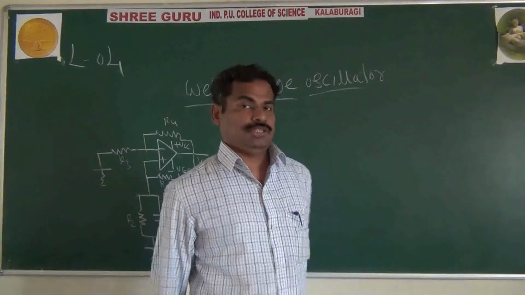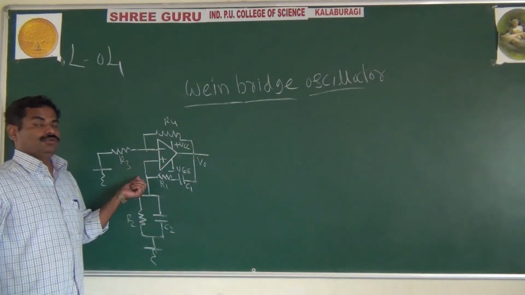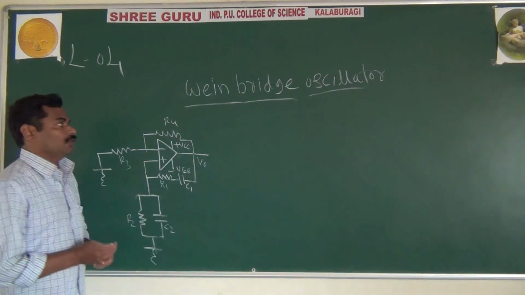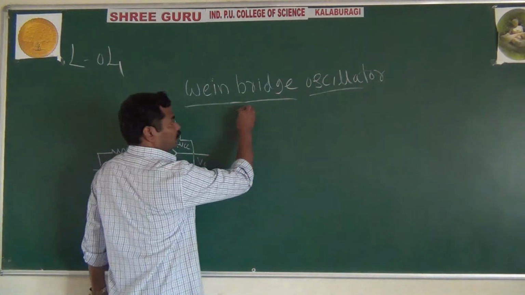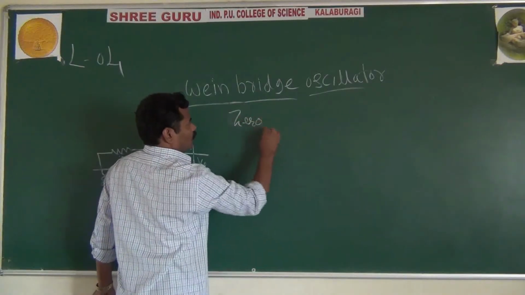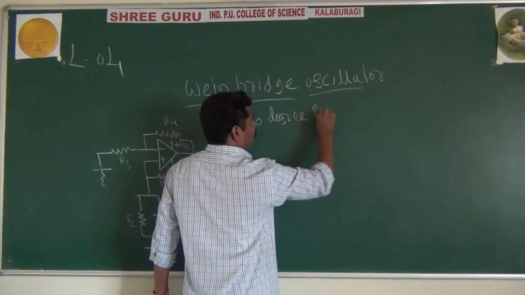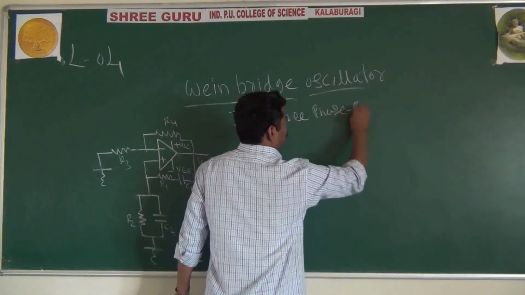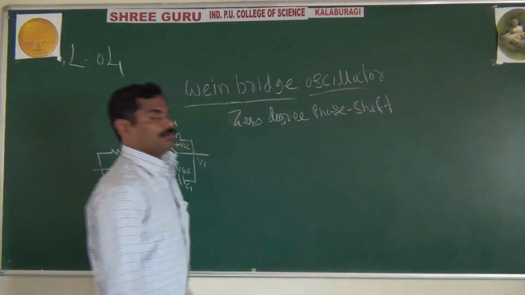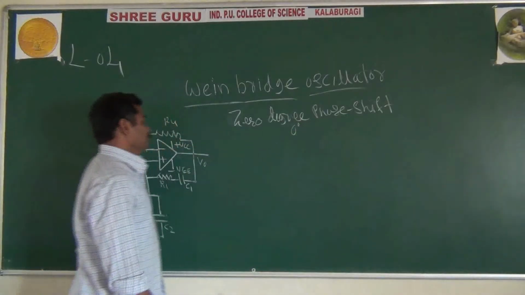As you know, in the non-inverting terminal the input and output are in the same phase, or you have 0 degree phase shift. You are not using any concept of phase shift. We use the 0 degree phase shift.